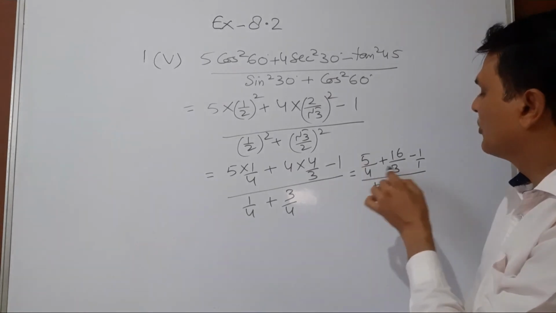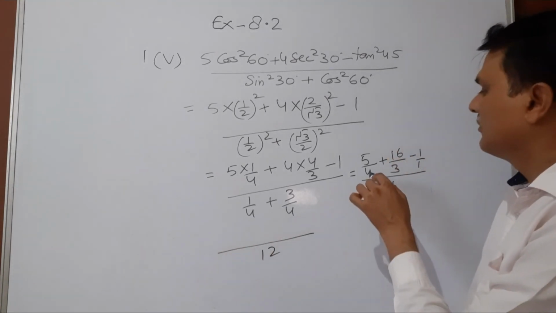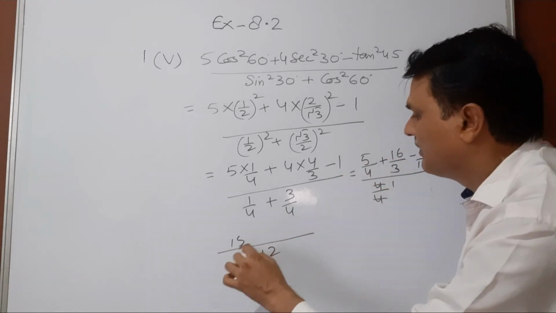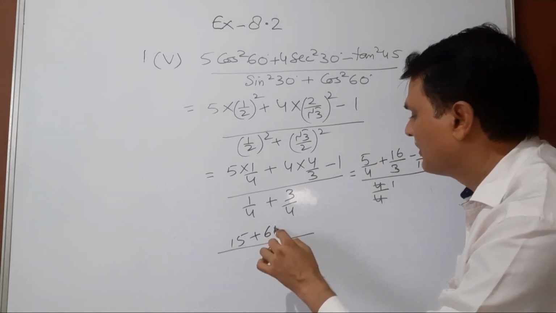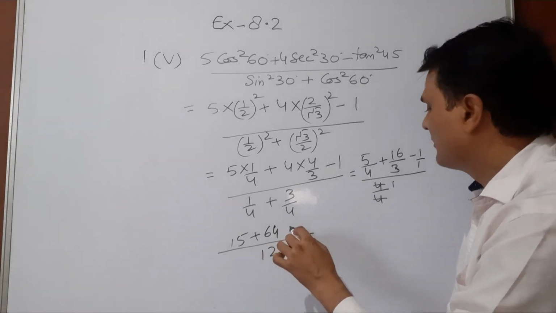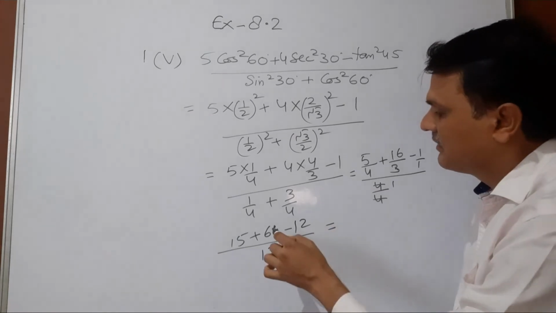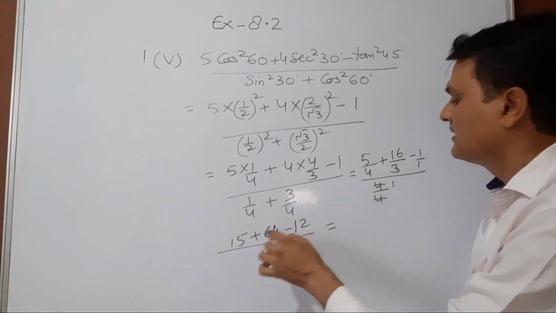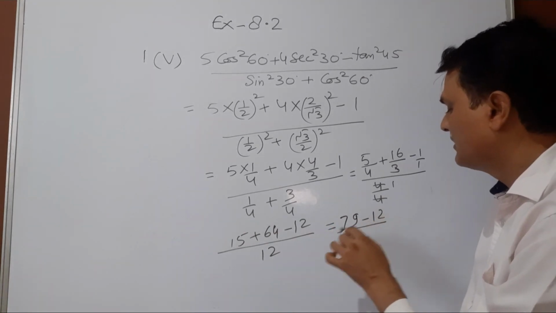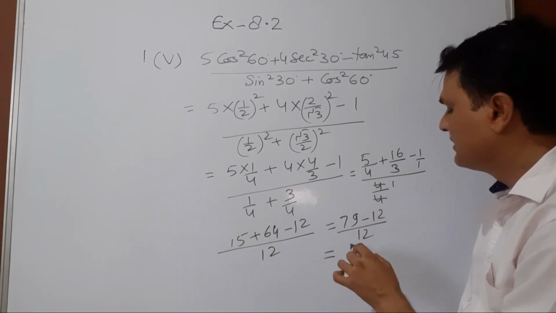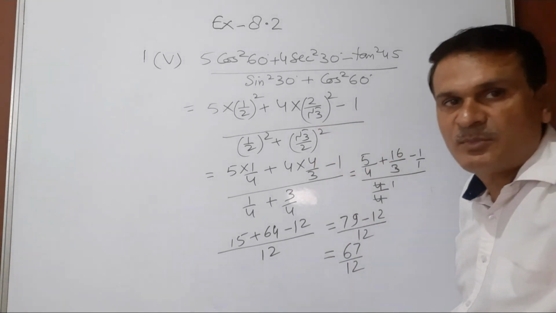Now the LCM of 4, 3 and 1 is 12. Then we write: 4 times 3 is 12, 5 times 3 is 15, plus 3 times 4 is 12, 16 times 4 is 64, minus 4 times 3 is 12, 1 times 12. Now we get 15 plus 64 is 79, minus 12 upon 12. This will be 67 upon 12, and this is the answer of fifth part of the question.